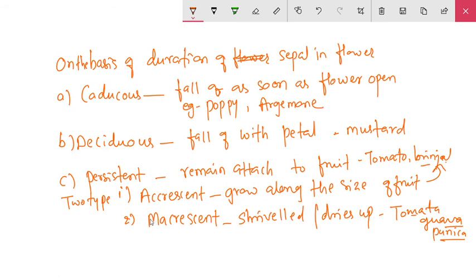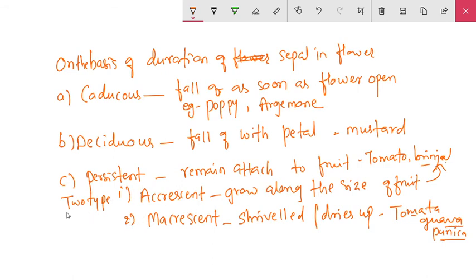Okay. So on the basis of duration of sepal there are three types. Caducus, that the caducus they fall, this calyx they fall as soon as the flower open. Example poppy and argemone. Deciduous they fall with the petals, that is mustard. Okay. Then persistent they remain attached to the fruit. Example tomato, brinjal.